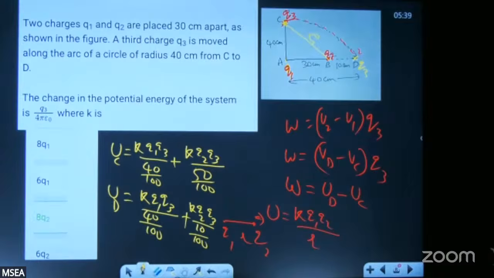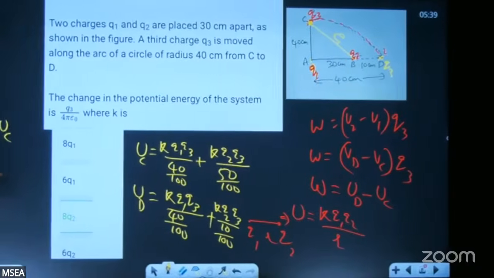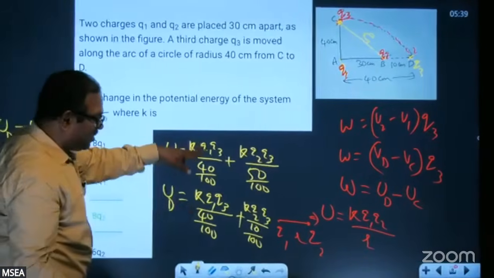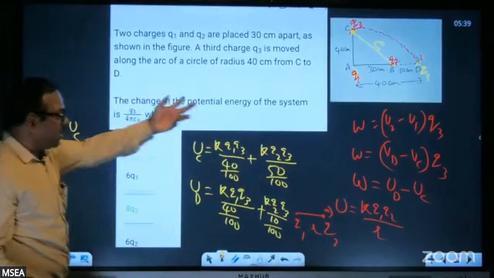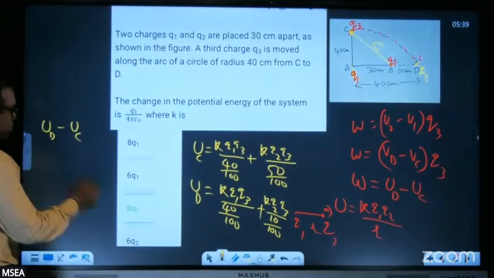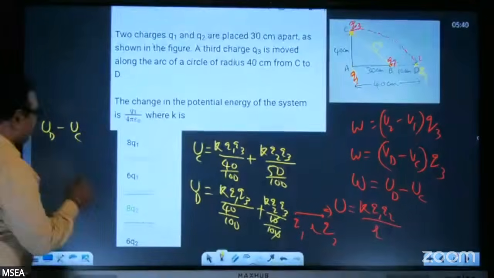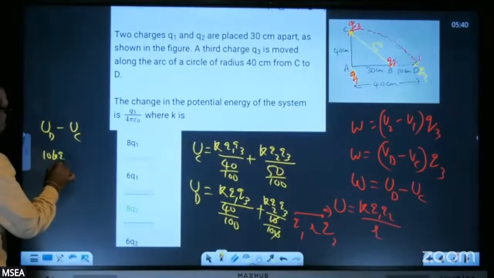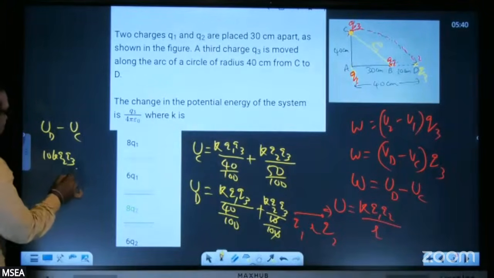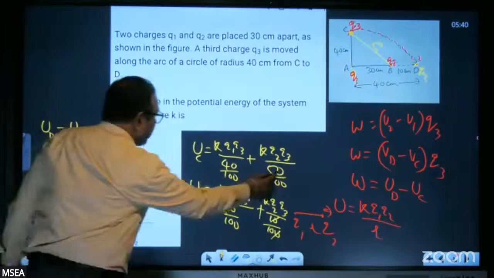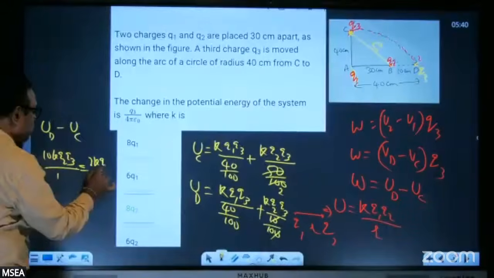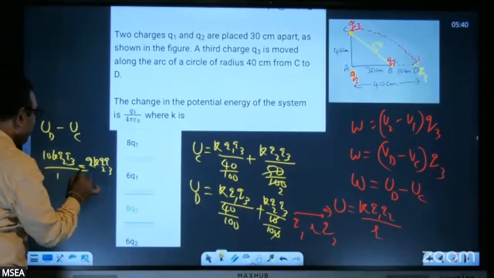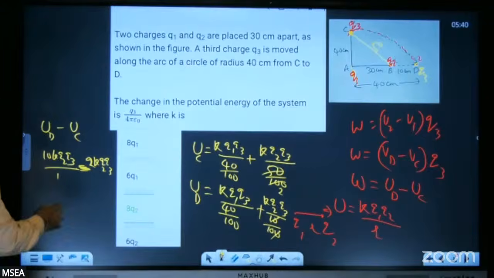So the change in potential energy is this one minus this one. As you are subtracting, these two get cancelled. Then this is 10K Q2 Q3 by 1, minus 2K Q2 Q3, which gives 8K Q2 Q3.